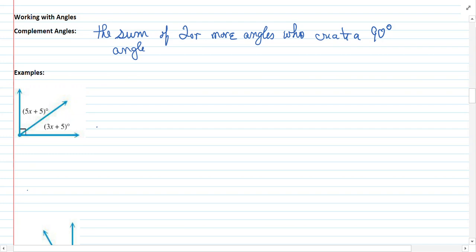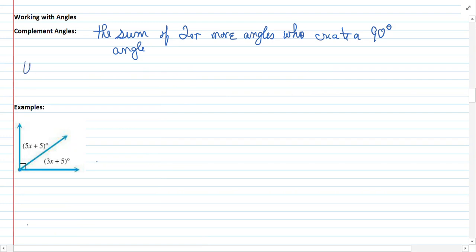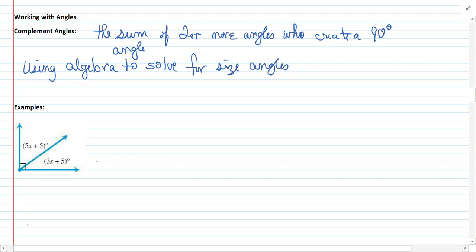So having this knowledge, we can then figure out by algebra to solve for size of angles or by subtraction.